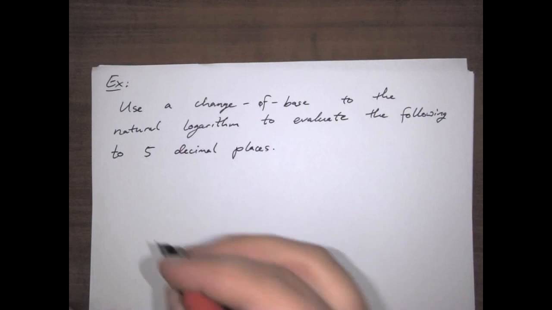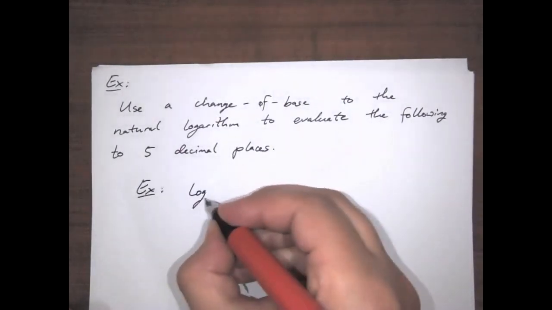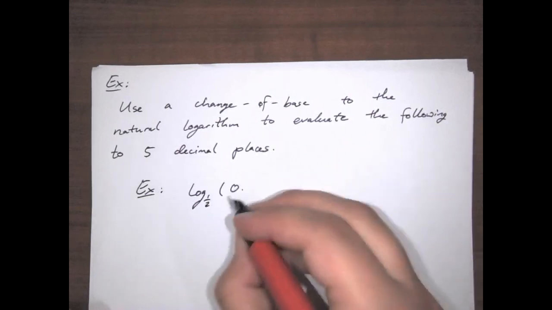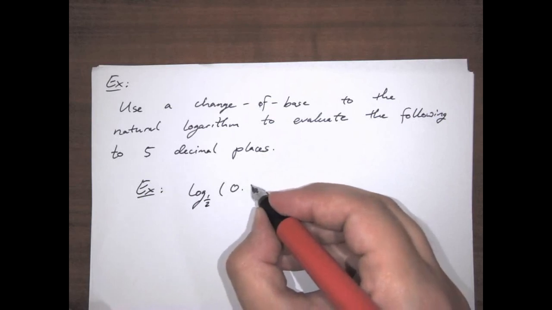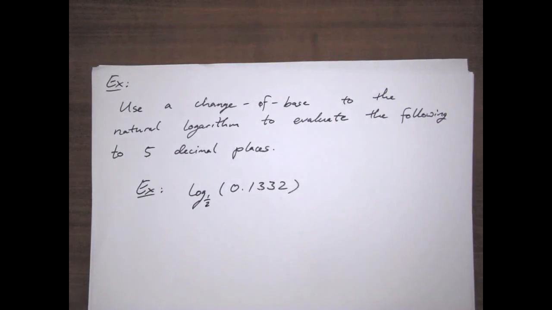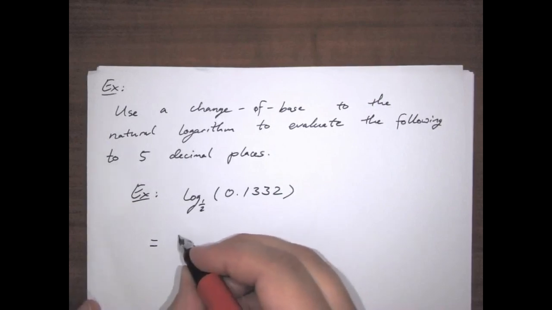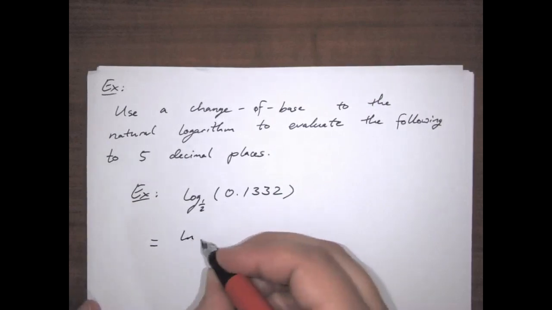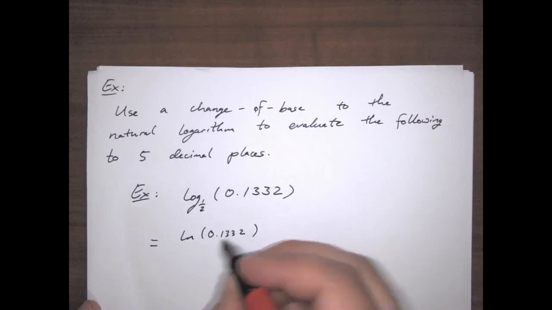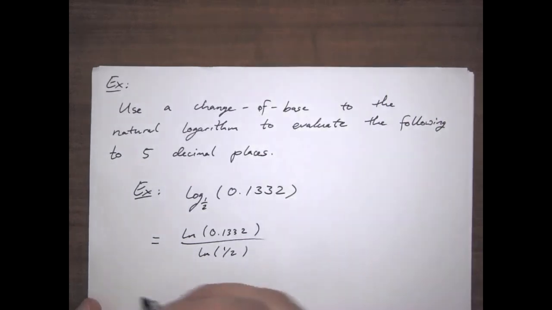So for example, let's say we wanted the log base 1/2 of 0.1332. Well, if we want it to be the natural logarithm, that's going to be ln 0.1332 divided by the ln of 1/2.